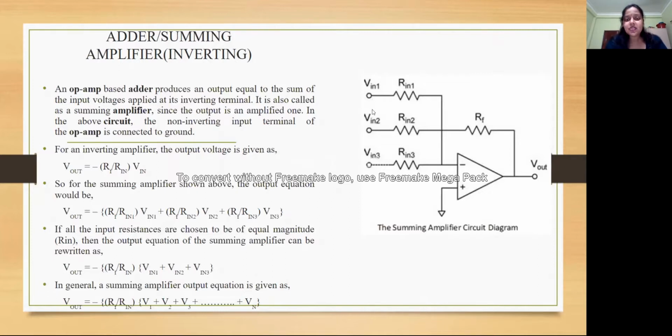Since these 3 input voltages are connected to the inverting terminal of the op-amp, this circuit is known as a summing amplifier or adder, but inverting. So this is an inverting adder or an inverting summing amplifier.